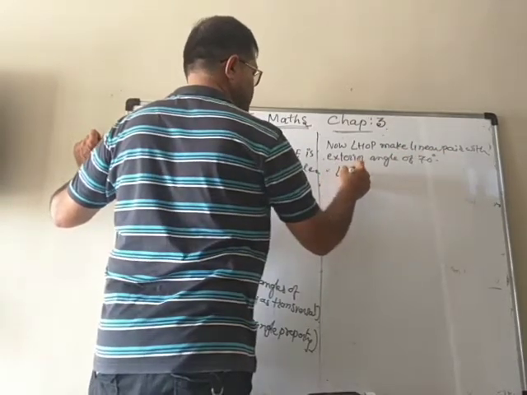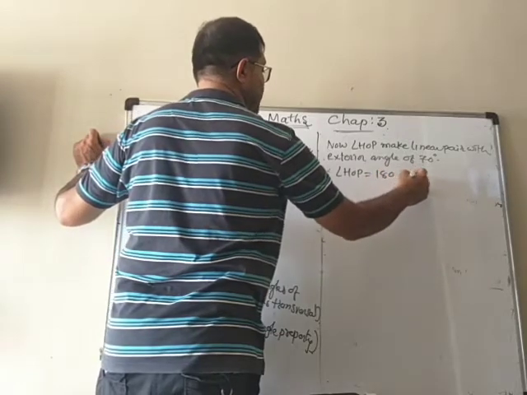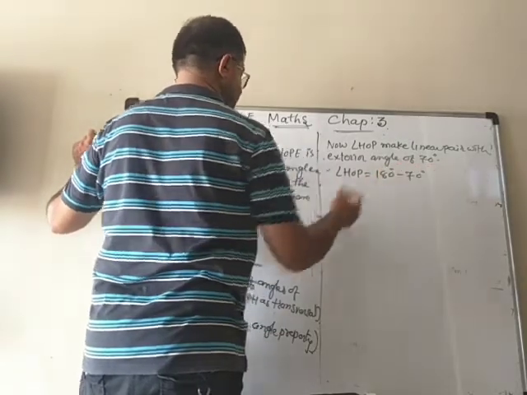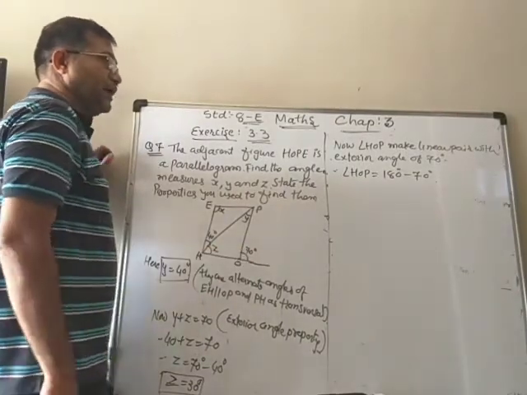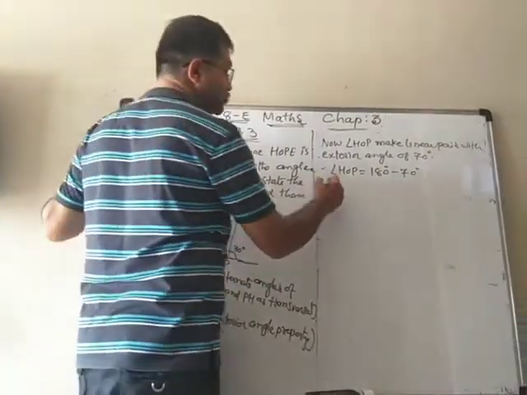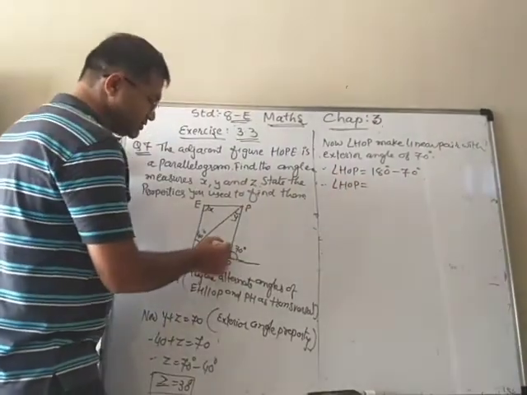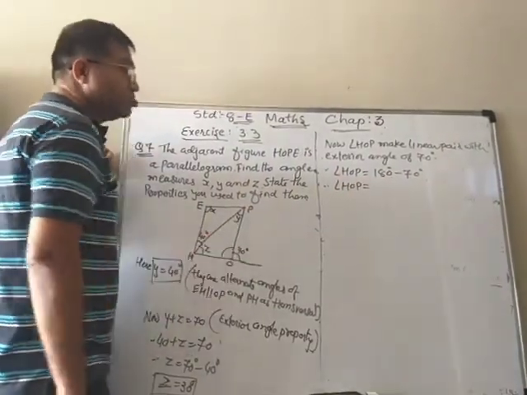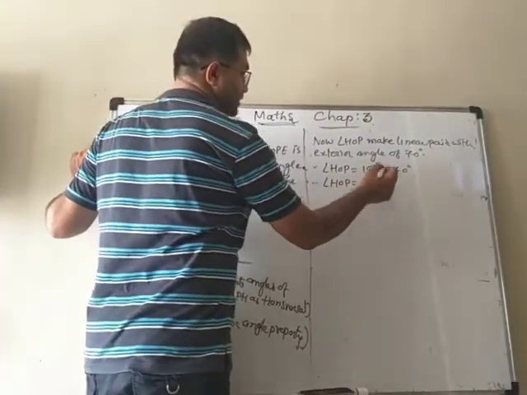Therefore, angle HOP is equal to 180 minus 70 because they are supplementary. And therefore, angle HOP, means this angle inside, will be 180 minus 70, means 110 degree.